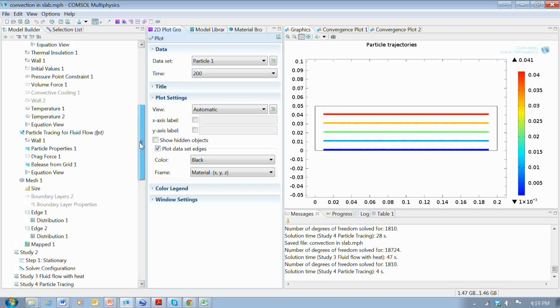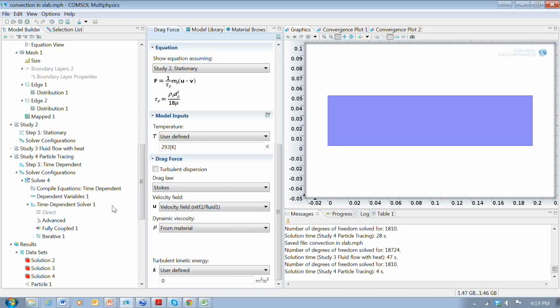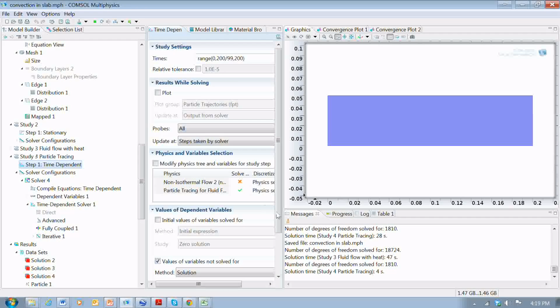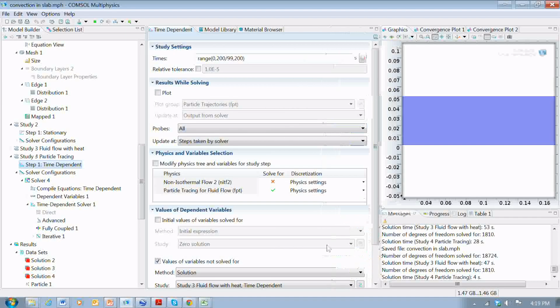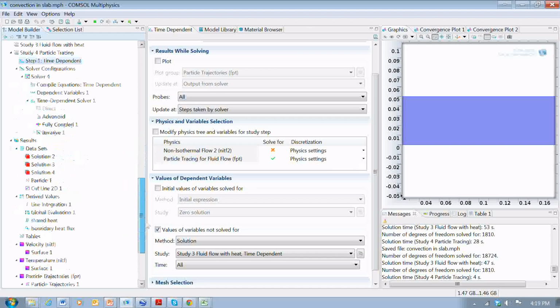So under the drag force, we link the drag force to the fluid velocities that we just calculated there. So when we set up the study, we need to also link them, and that's done right here under values of variables not solved for. It's study 3 that has the fluid flow results in it.